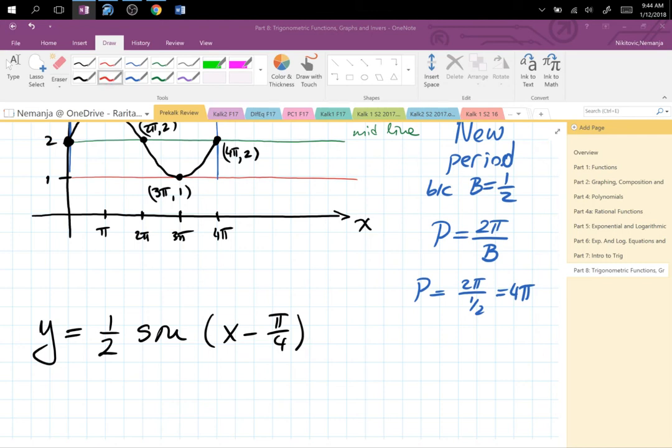So again, what are the specs? A is a half, b is equal to 1, c is equal to positive pi over 4. We actually are not going to use this c extracted, we're going to use it as the whole thing like this. And then d is equal to 0.